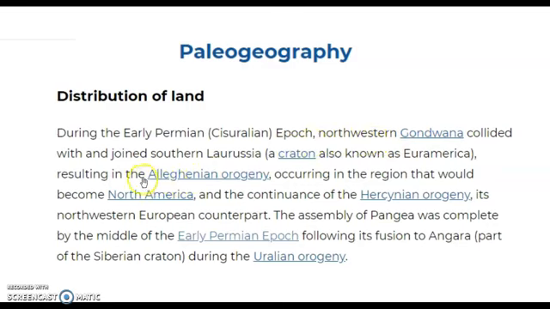The Alleghenian orogeny was complete, the Hercynian orogeny was complete, and in the later part, in the middle Permian, Angara, also known as the Siberian Craton, fused with Pangaea and created the Ural Mountains.